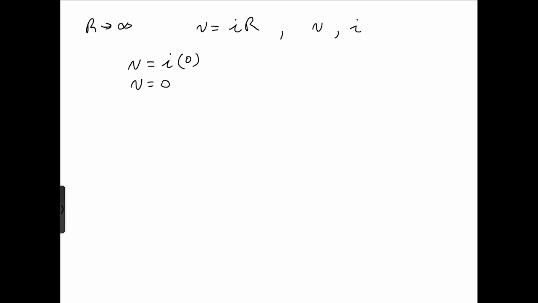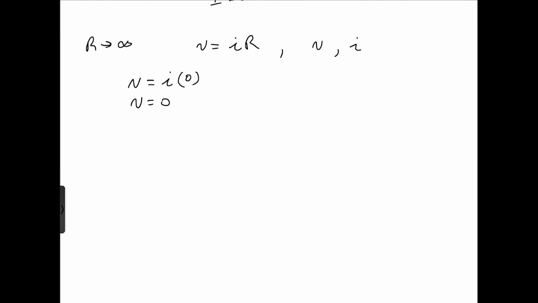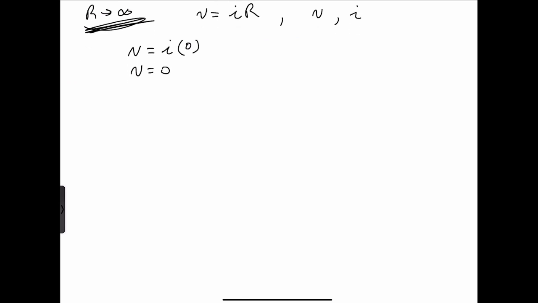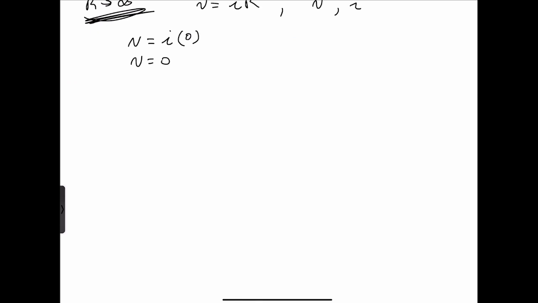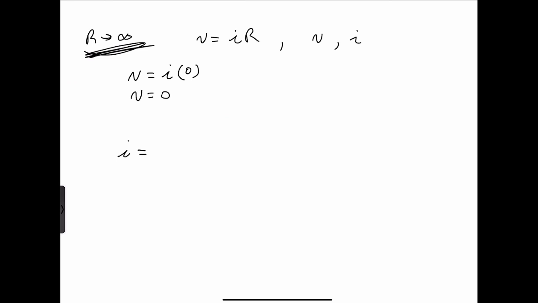However, if we take a look at when the resistance goes to infinity, we're going to see that I is now affected because, if we take a look at I is V over R, we cannot divide by 0. So we look at this as when R goes to infinity.